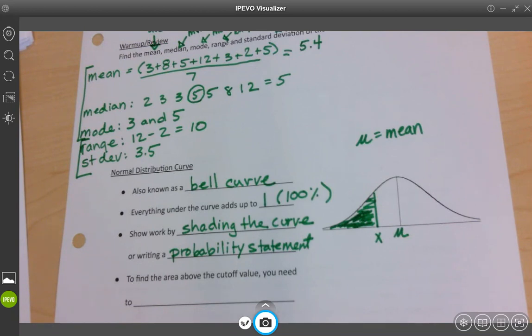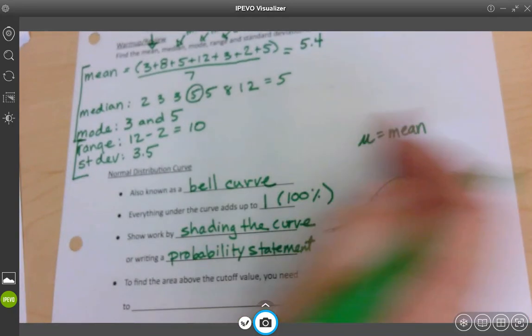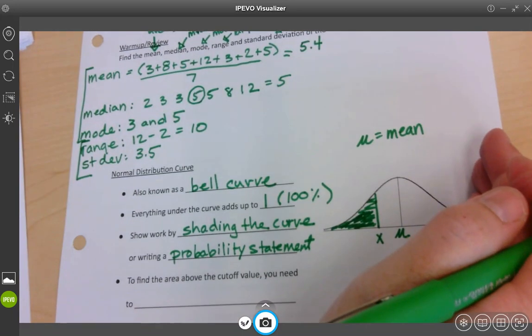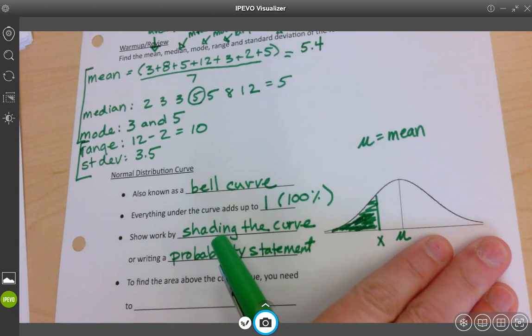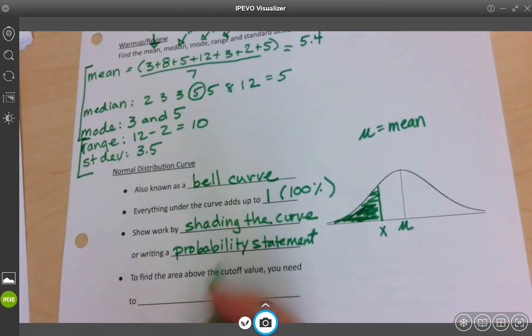All right, so you will be able to use calculators to find the probability that x is less than a given number. If you want to find the probability that it's greater than a given number, then you would subtract this percent from 100%, which in decimal would be you would subtract from 1.